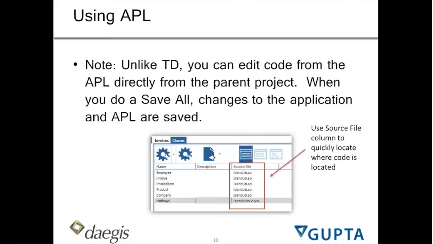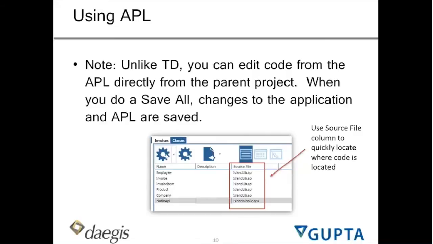Also, unlike TD, we don't show all of the included APL code in this blue format. The way you tell where code is coming from is when you click on one of those top level nodes, like in this case, the classes node, you get a list of all of the items, and you'll notice a source file column.